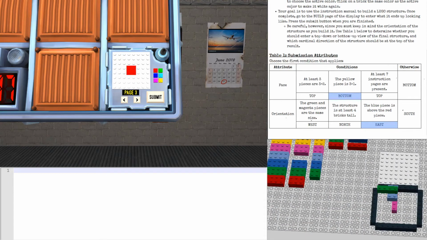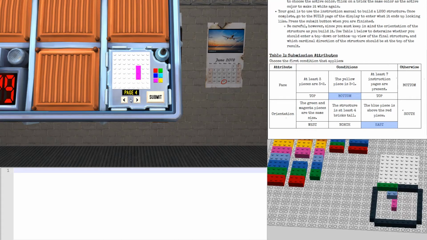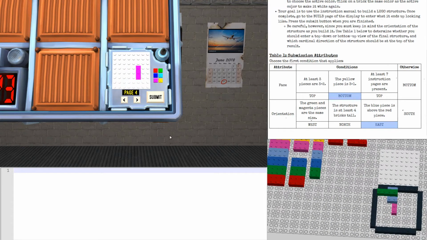Next page. Now we have a 4x2 yellow on top of the pink that we've already placed. The yellow will go here. There we go. On the next page, again, the yellow one we've already placed, so we have to put the blue one underneath it.